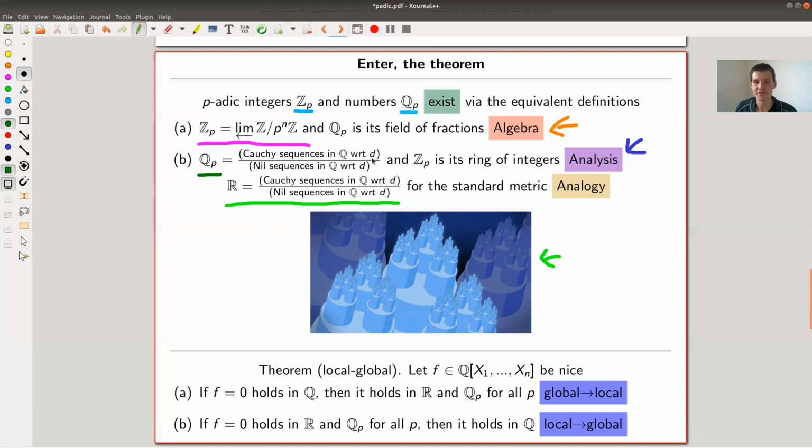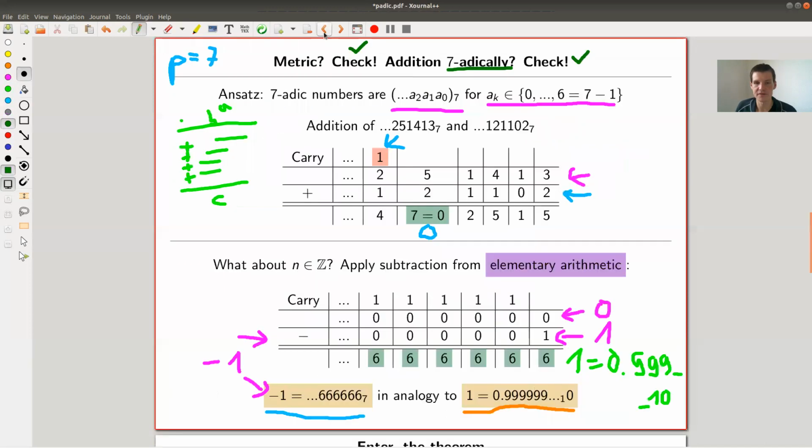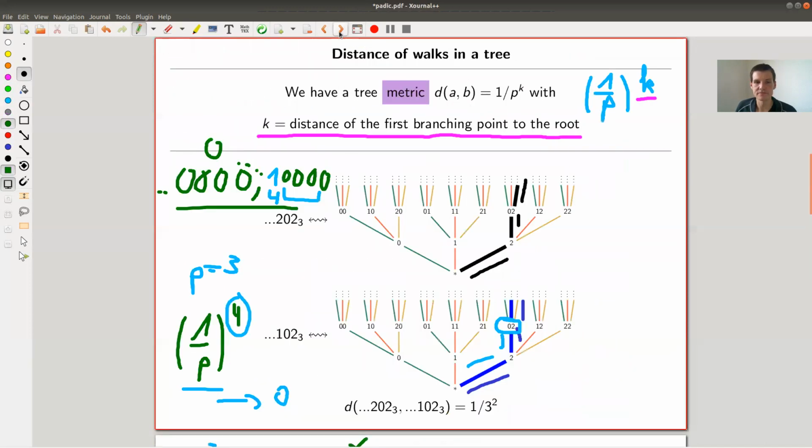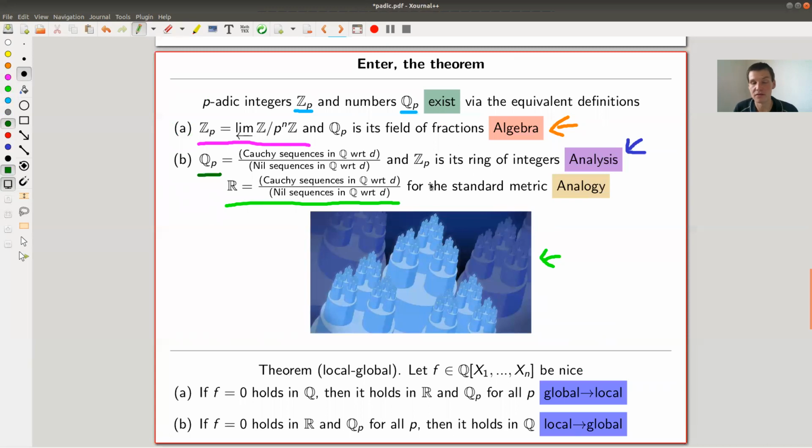You take Cauchy sequences, but now with respect to this funny distance, and you mod out by the null sequences. And the ring of p-adic integers is then just the ring of integers. So really, this is the analogy I would like you to keep in mind. Those are really constructed like the real numbers.